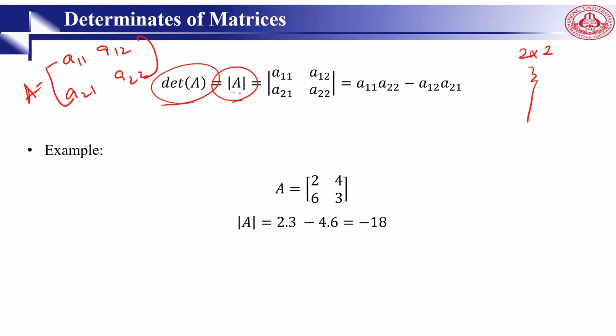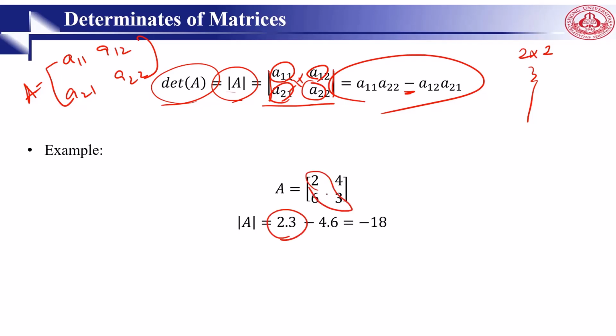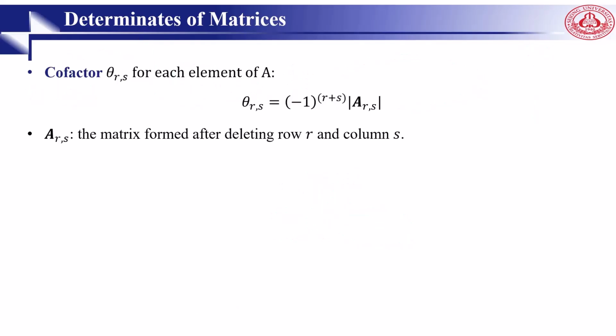For this matrix, it is this one multiply this one minus this one multiply this one, right? For example, if this is our matrix, 2, 4, 6, 3, the determinant is 2 multiply 3 minus 4 multiply 6, which is equal to minus 18.